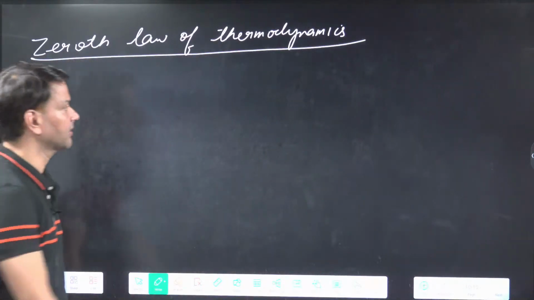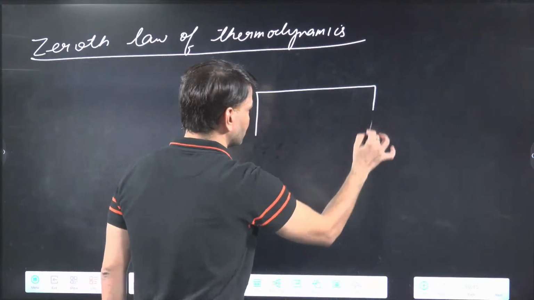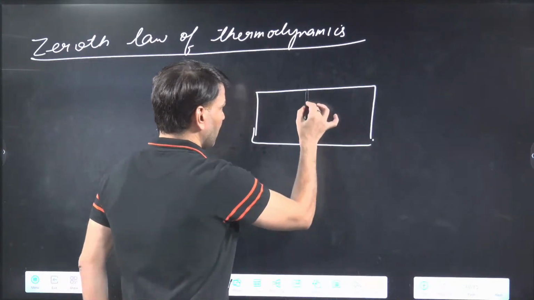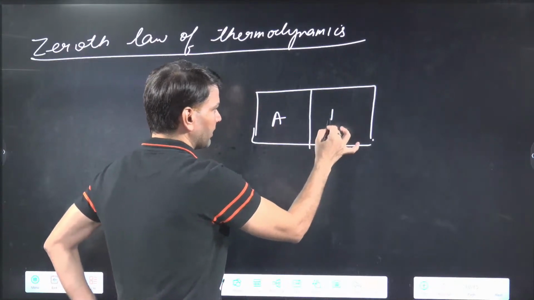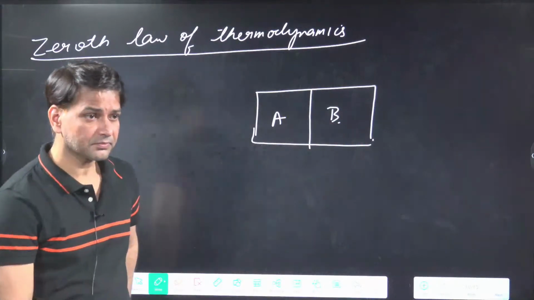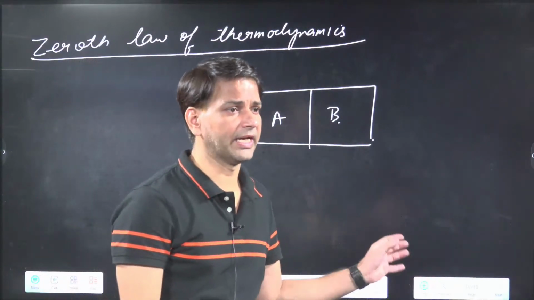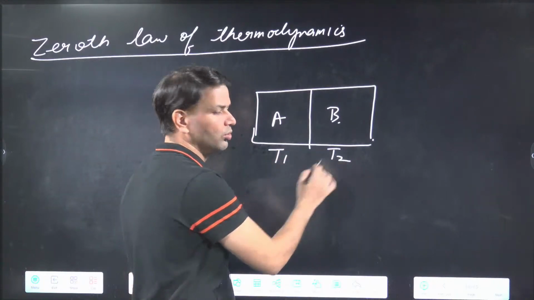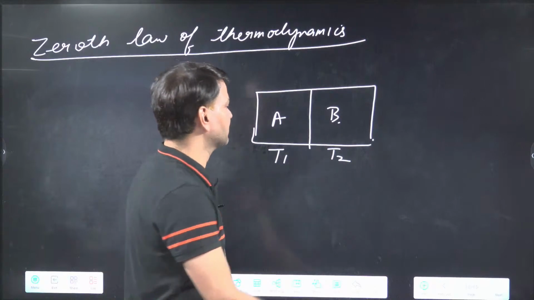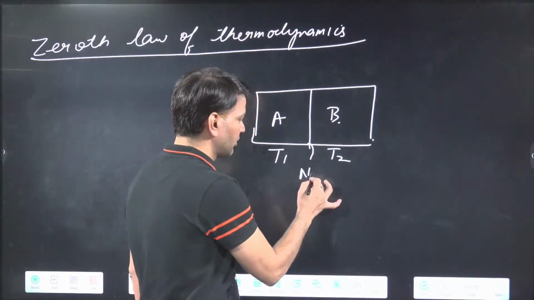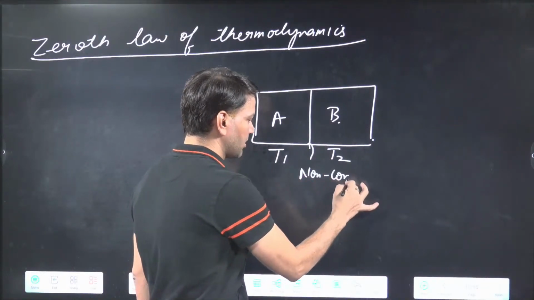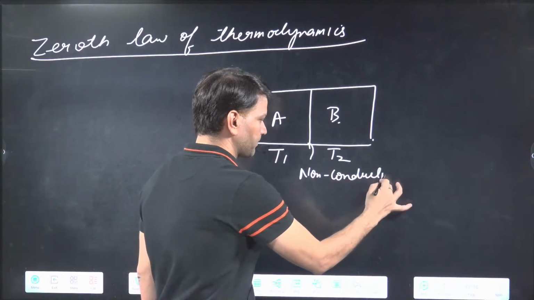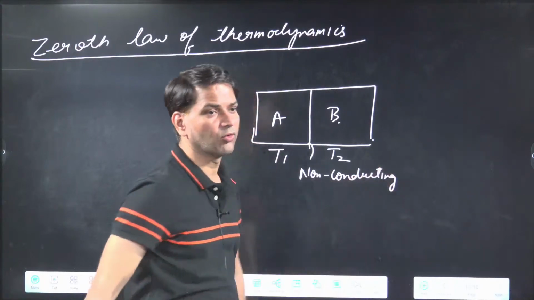Suppose I am taking two systems, A and B. They are two gaseous systems at different temperatures T1 and T2, separated by a non-conducting wall.